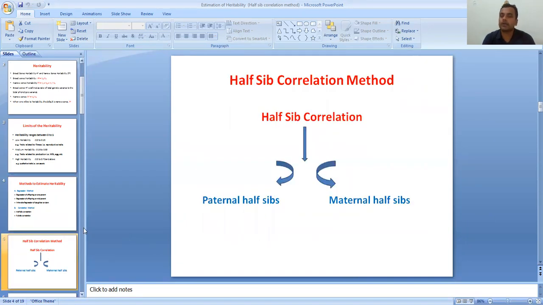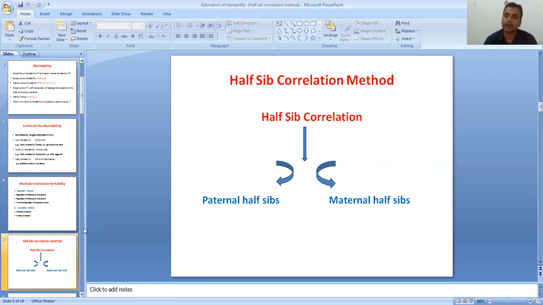In full-sib correlation methods, there are two important aspects, C effects and maternal effects. Because of C effects, that is common environmental effects, they have more similarity, and the efficiency to find out heritability is somewhat less in case of full-sibs as compared to half-sibs.